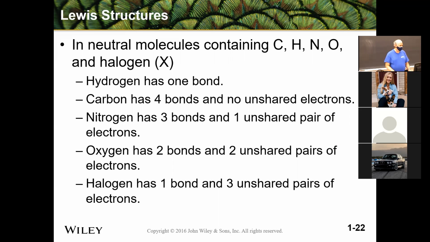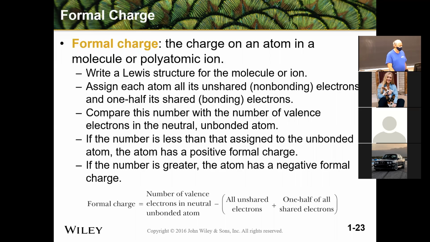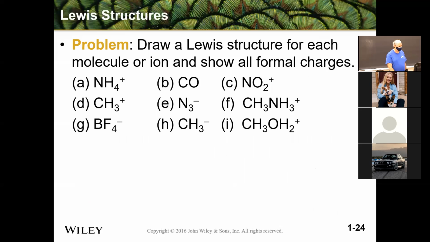For neutral molecules, hydrogen always has 1 bond, nitrogen has 3, oxygen 2, halogens have 1 bond. And they have 0, 1, 2, and 3 unshared pairs of electrons. Be able to calculate, recognize, determine formal charges. Pushing Electrons, as I say, is a good tutorial for that.